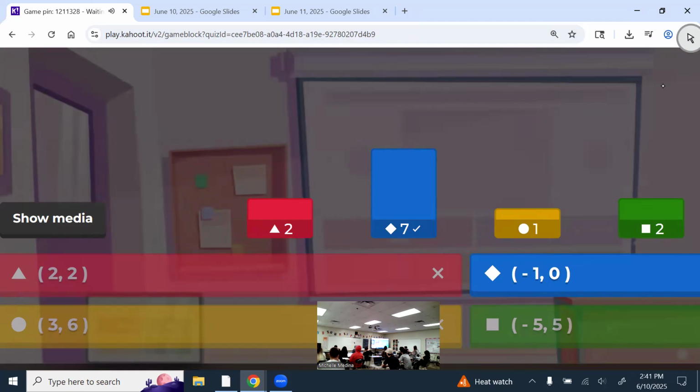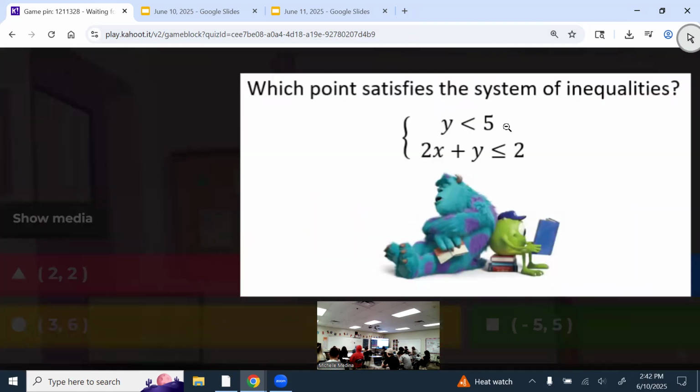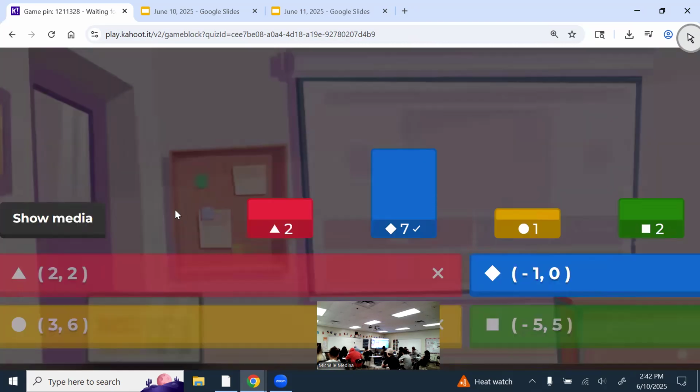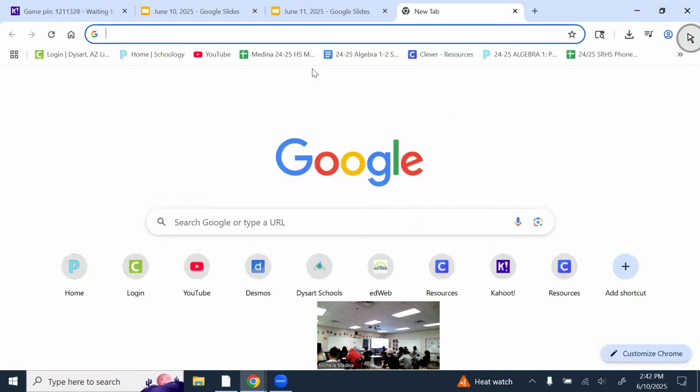Okay, so you could have gone about this 2 ways. You could have done that one thing I showed you where you're plugging the X and Y into both inequalities and seeing which one makes them both true. I wouldn't necessarily do that because that would be time consuming.